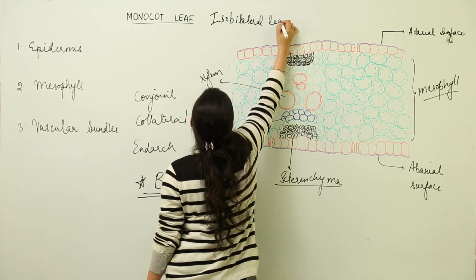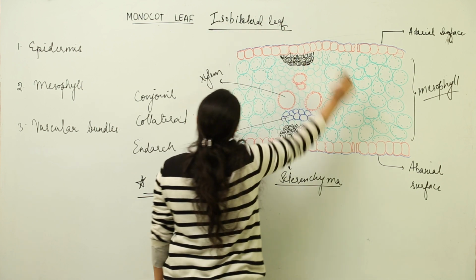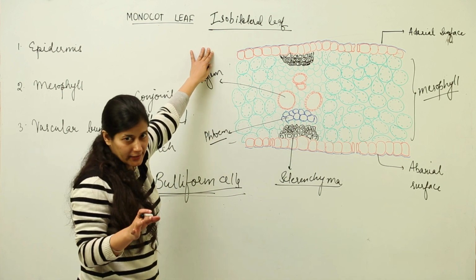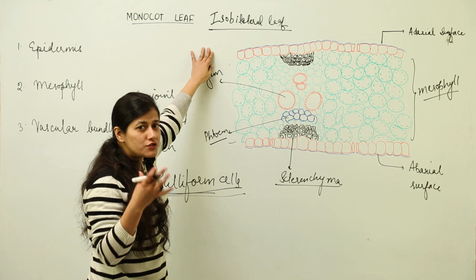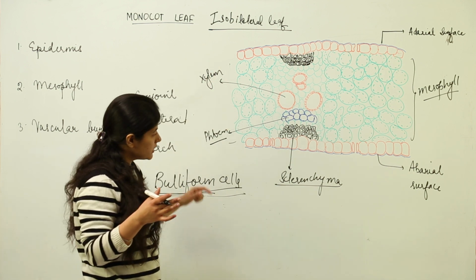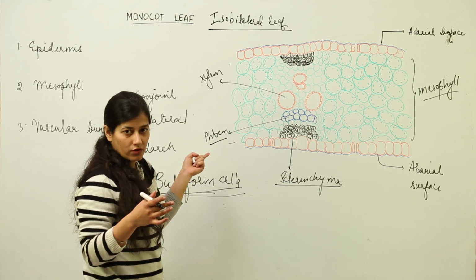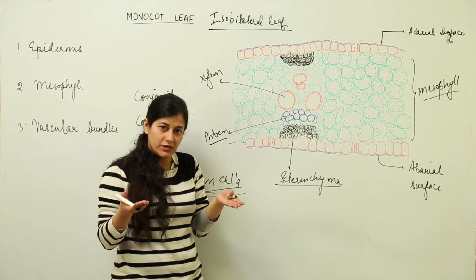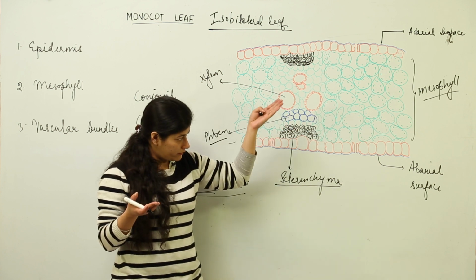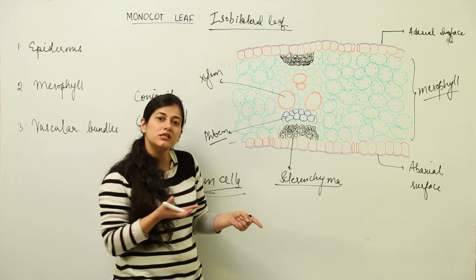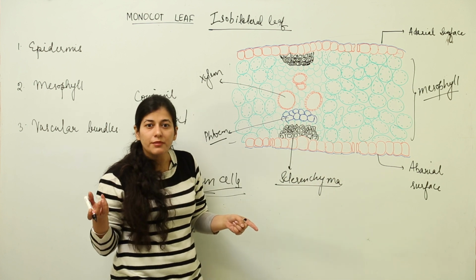Now why is it called isobilateral leaf? Over here we are taking the example of any grass leaf. In an isobilateral leaf, the arrangement of stomata, or you can say the presence of stomatal pores, is uniform both on the upper and the lower surface. Compare it with your knowledge of dicot leaf, where we had discussed that the lower epidermis, or to be specific in our new term, the abaxial surface, has a larger number of stomata.